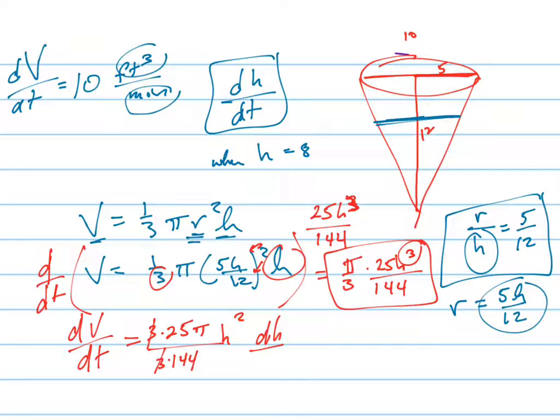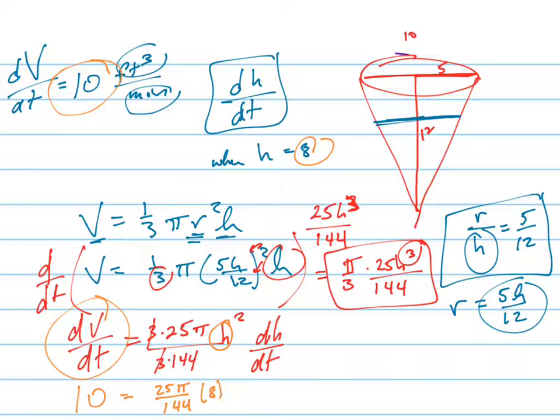So what do I know? Well, I know dV/dt is 10, and I know h at that moment is 8. So I just plug them all in: 10 equals 25 pi over 144 times 8 squared times dh/dt.